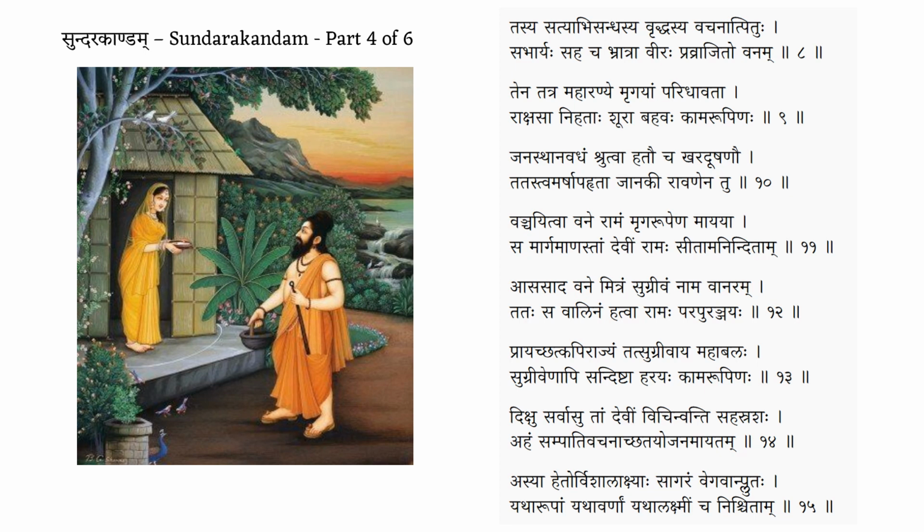Yeah, but the 11th numbering is given for this Vanchayitva and Samargamana. Are you looking at the website? Yeah, I'm looking at the website. The page comes up when I click the link. Yeah, same thing. In that, number 11 is given to these 2 lines, right? Vanchayitva vane ramam rugarupena maya Samargamana tam devi ramas sitam aninditam. Those 2 lines.